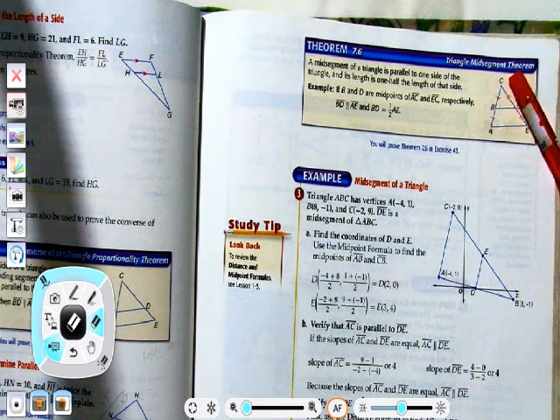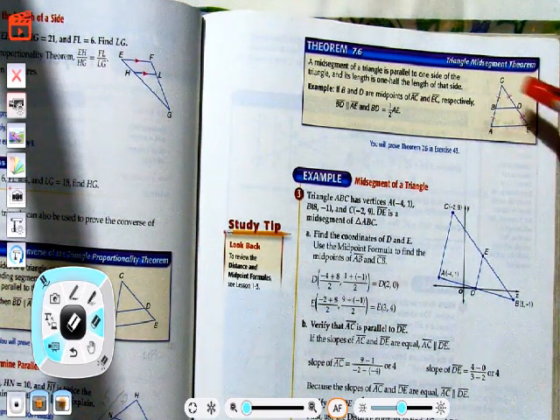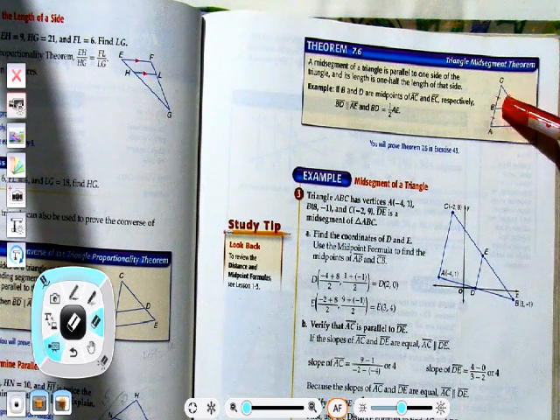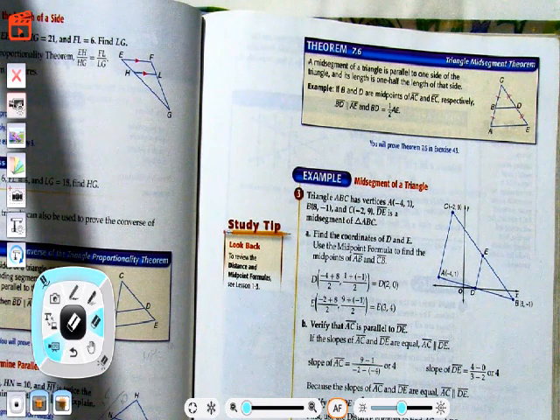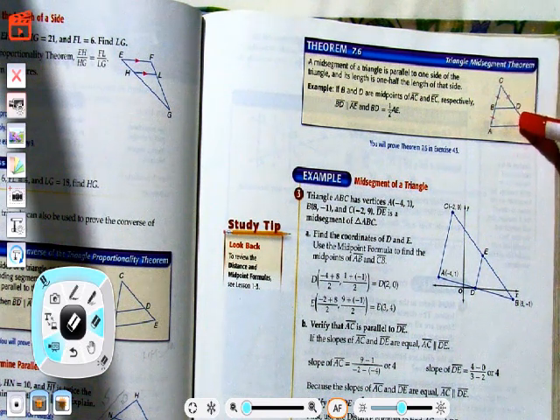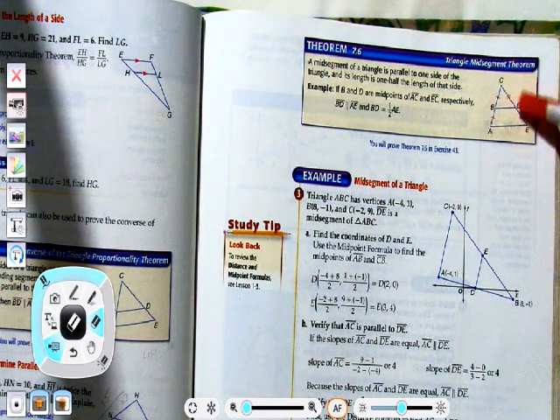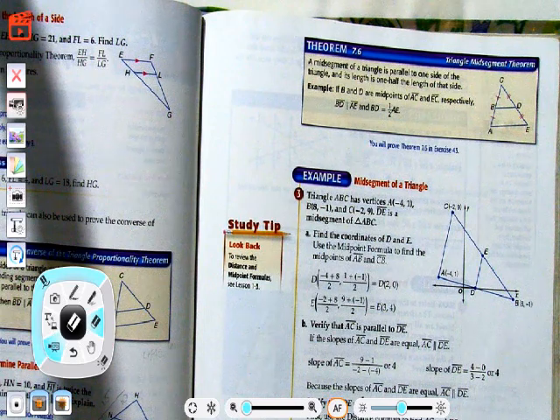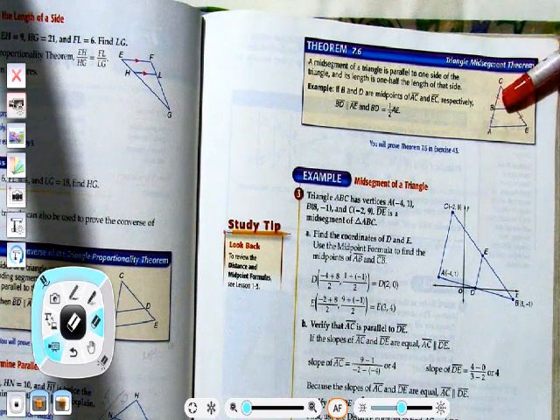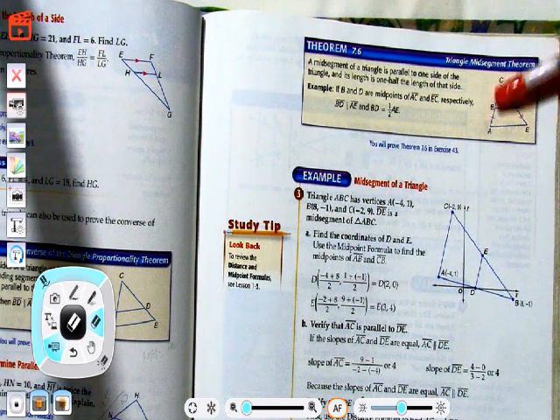Okay, aside from that, if you see that these two segments are equal and it's proportional to this, and these two lines are parallel, what we can get from there is that the other segments on the other side are also congruent. For example, if you're not given that these two segments are equal, but these two segments on the other side are equal, provided that these two lines here are parallel.